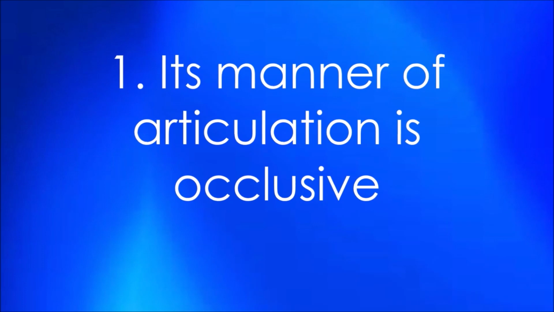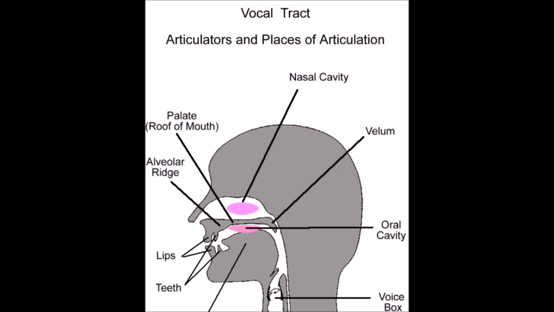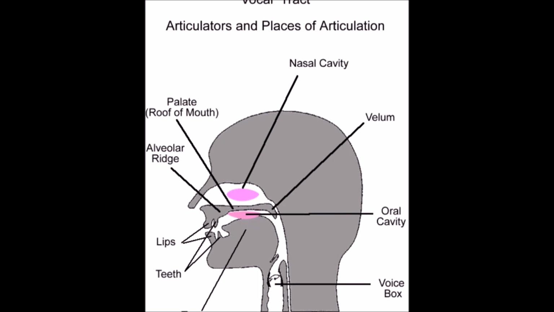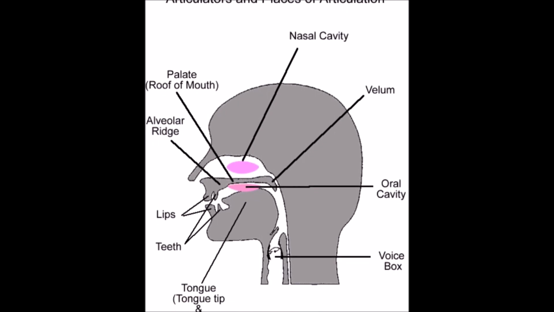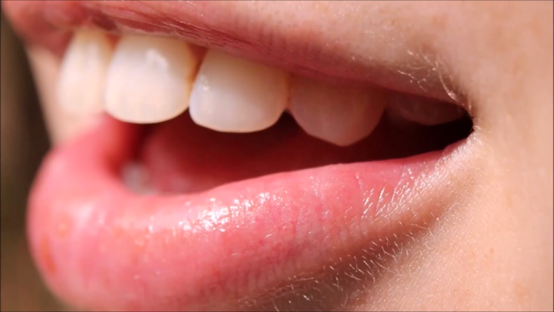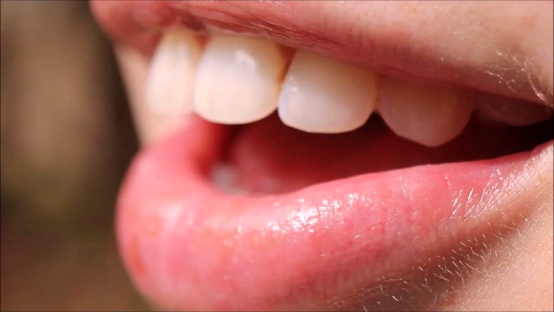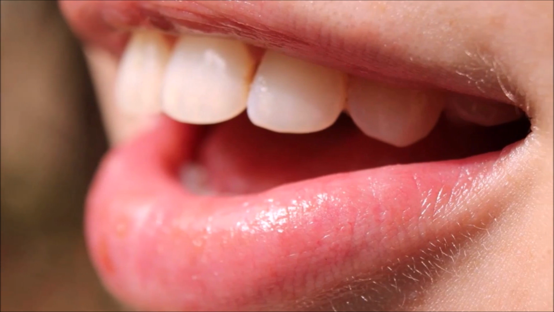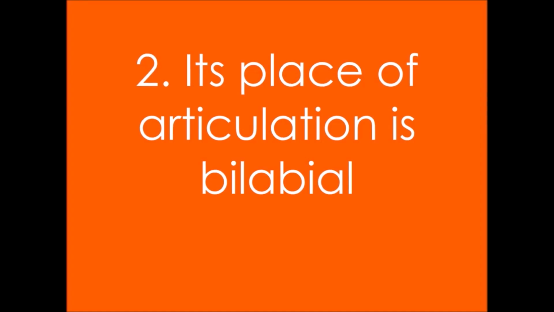1. Its manner of articulation is occlusive, which means we produce the P by obstructing airflow in the vocal tract. Since the consonant is also oral, with no nasal outlet, we block the airflow entirely with our mouths before we release it. 2.